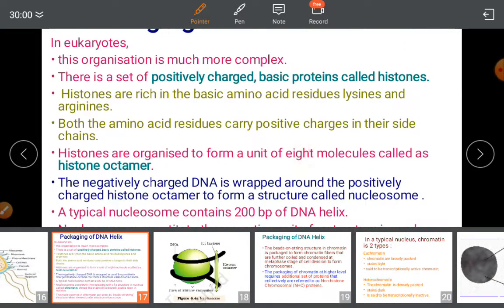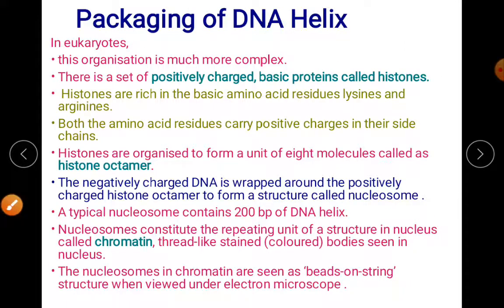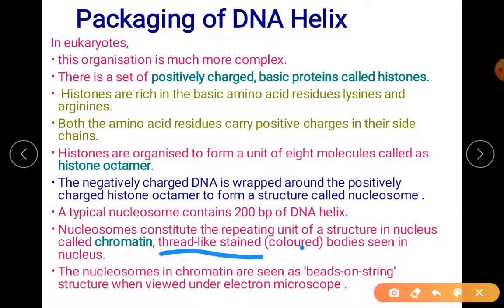So I hope you have understood here. So thread-like chromatin. Nucleosomes constitute the repeating unit of a structure in the nucleus called chromatin. A thread-like stained body is seen in the nucleus, which they are comparing to your whole chromatin being actually the nucleosomes that are repeating again and again.